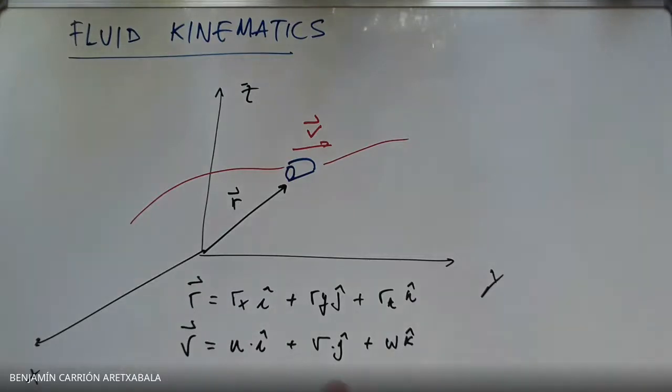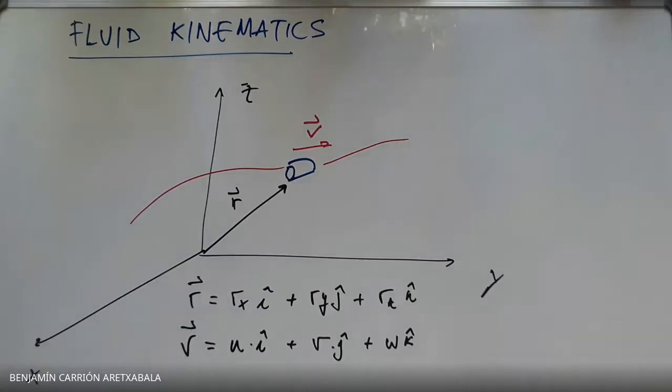These two are horizontal velocities, and this one is the vertical velocity, right? So velocity is a vector, in contrast to pressure, which is a scalar. It doesn't have direction. Pressure works in every direction.